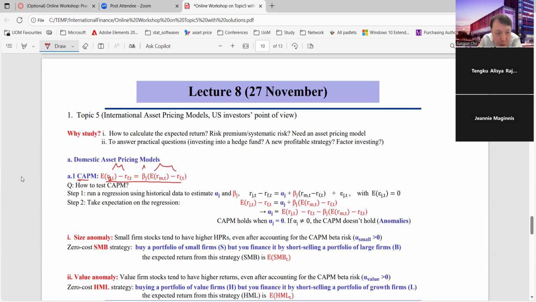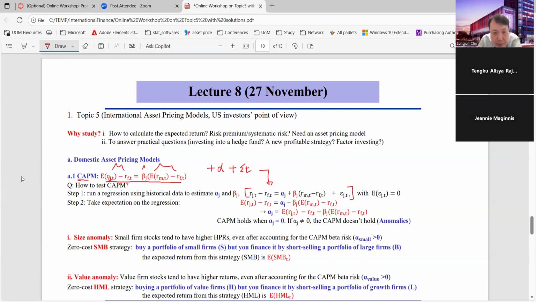Then you have to explain how to test whether CAPM is a good model for a certain asset. When you do that, we need to use regressions. So how do we get the regression from the model? First, remove expectation from the model, and then add alpha and epsilon t. That's what we have here, the regression model.